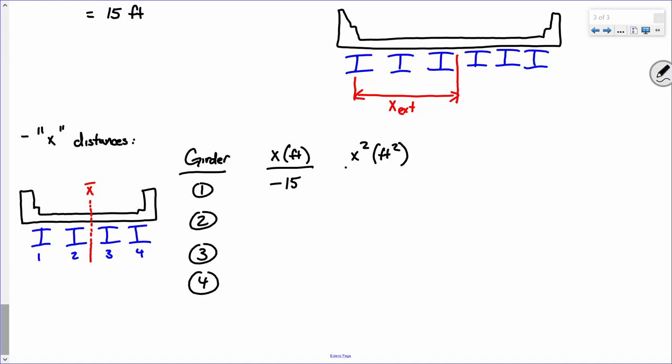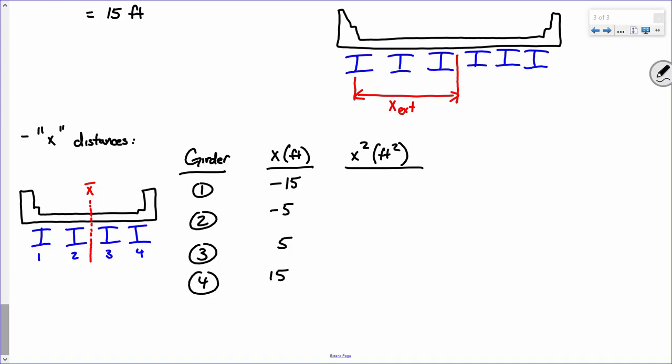So negative times a negative is a positive, just as positive times a positive. So help me out, from the center line to girder 2, what is it? 5 or negative 5, it doesn't really matter. And girder 3 is 5 and then girder 4 is 15. So maybe we got negative 15, negative 5, 5, 15.